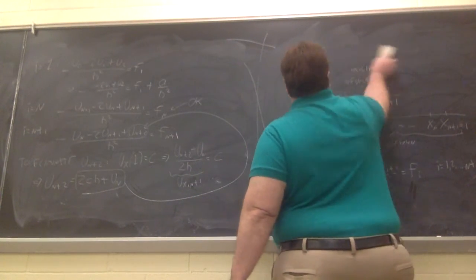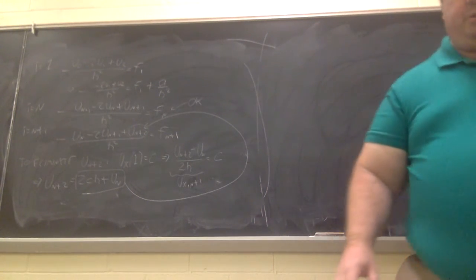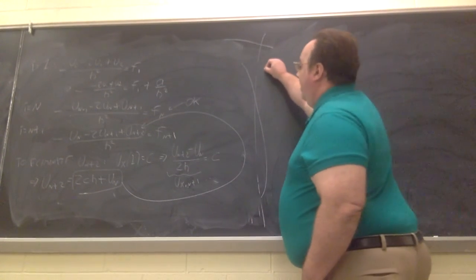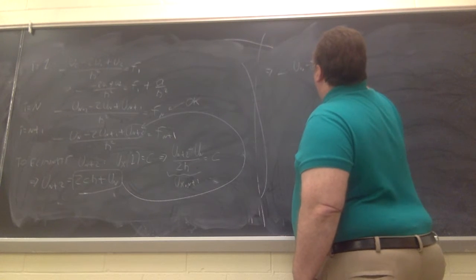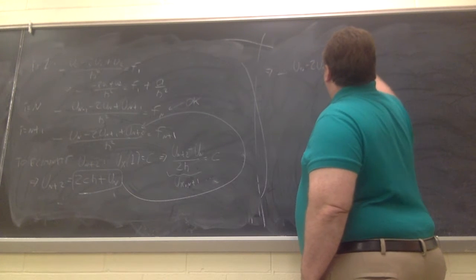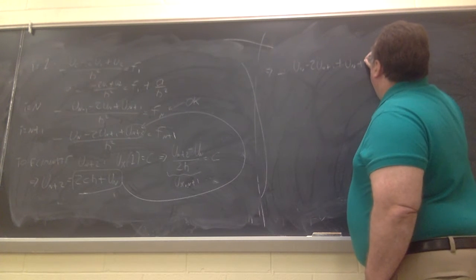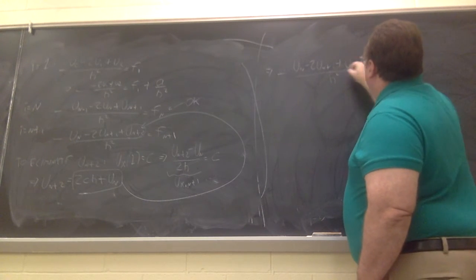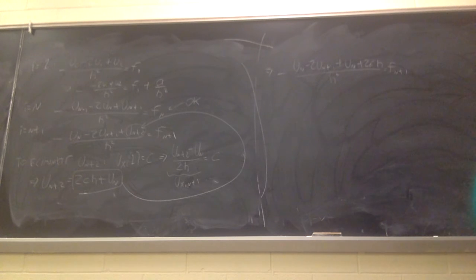Because ultimately, I'll be able to show you the matrix that results, just like in the previous example. So if I go ahead and make that substitution, I'm going to have minus un minus 2un plus 1 plus un plus 2ch all over h squared is equal to fn plus 1.